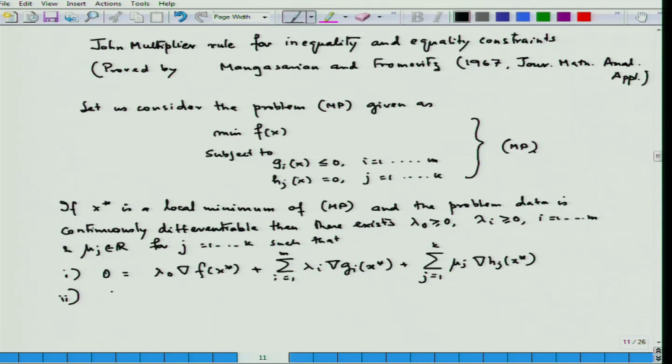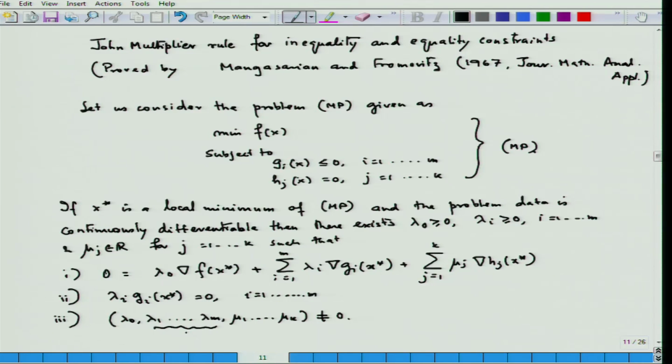Number 2 is a complementary slackness condition associated with the inequality constraints. Number 3 is the most crucial condition. So, if I write lambda as a vector, mu as a vector, then this can be equivalently written as lambda naught, lambda, mu not equal to 0.